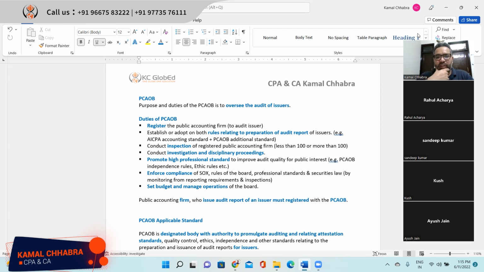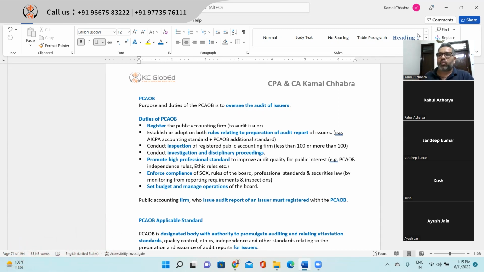Second is to establish or adopt rules relating to the preparation of the audit report of the issuer. Here the SEC has delegated the authority to the PCAOB to develop the rules and regulations for the auditor, on how they need to conduct the audit of the listed company.